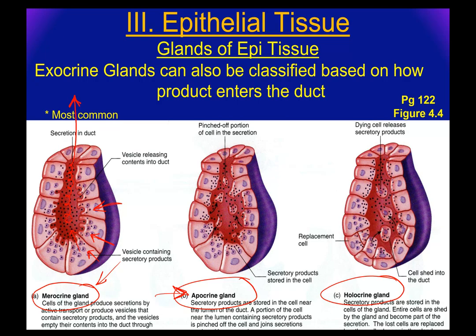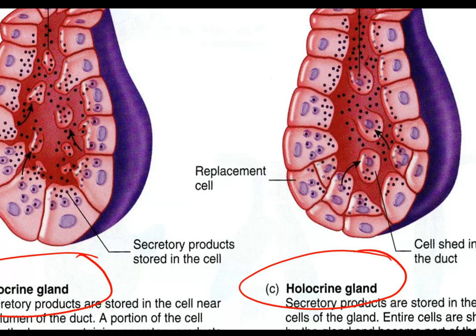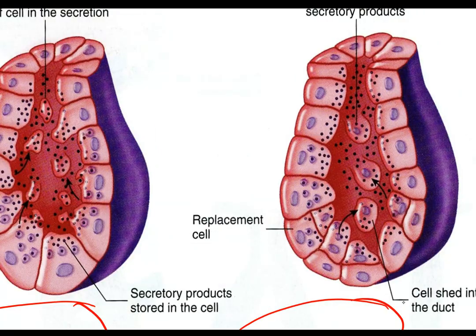And finally, we have the holocrine gland. Holocrine glands take the whole cell off of this lining and it becomes part of the product. Again, does the whole cell come out of the top of the duct? No. Honestly, most of the time, just the trip is enough to rupture it. So the guts of the cell are what's going to be coming out of that. Okay.